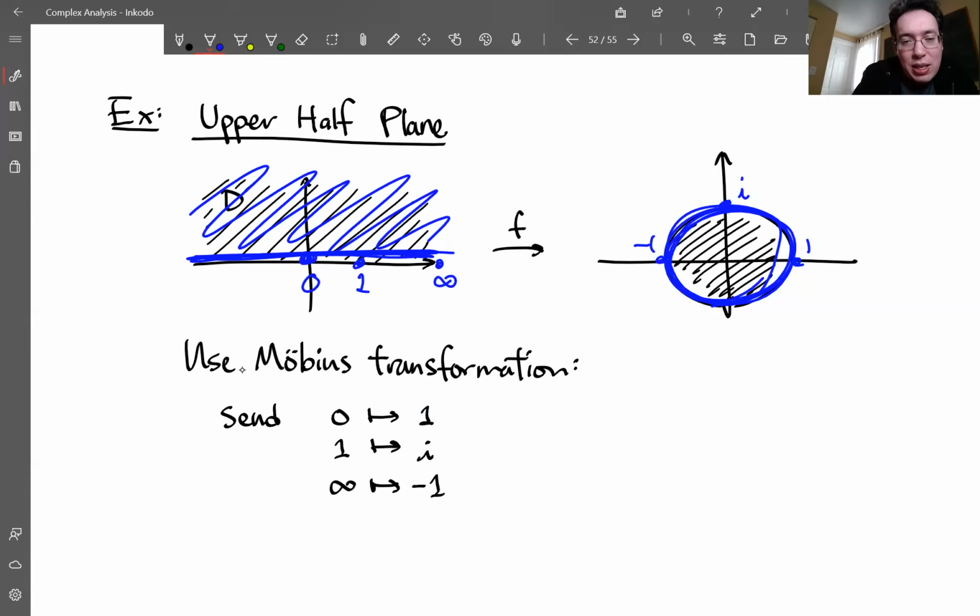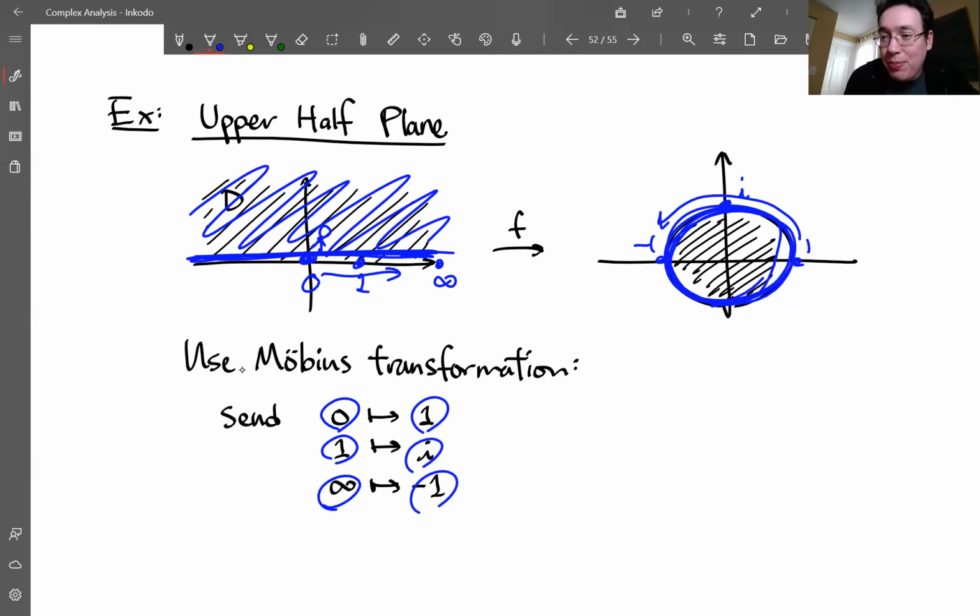Imagine walking along this boundary with your left hand inside of the domain, walking along the positive real axis, then that's going to map to 1, i, and -1. That's how I'm imagining how the map goes. And we know that we can find a Mobius transformation that maps 3 points to 3 other points. So 0, 1, infinity to 1, i, and -1. And this will do what we want.